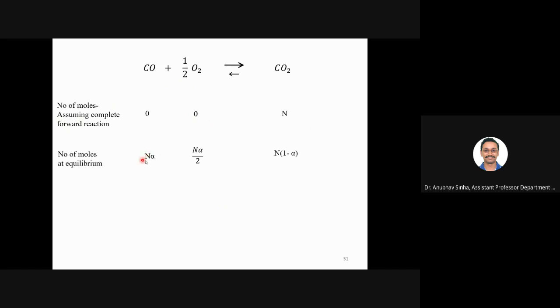So I have n alpha moles of CO, n alpha by 2 of oxygen, and n(1 minus alpha) of CO2, because this is going back. This is basically n minus n alpha. So let us say n alpha moles have dissociated.